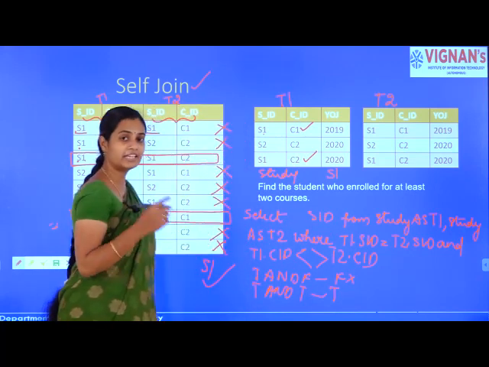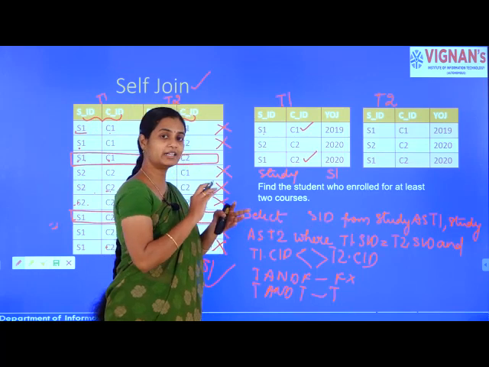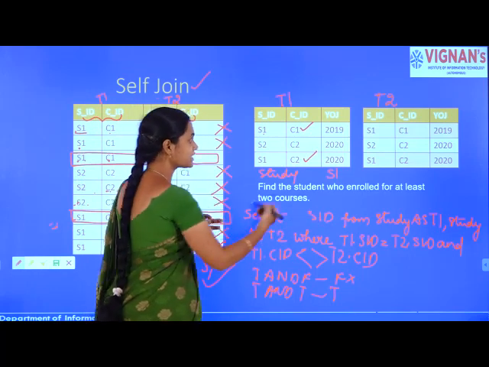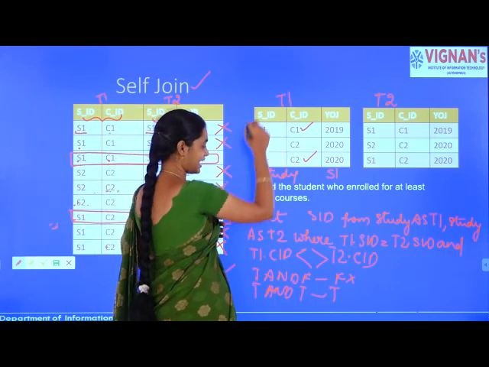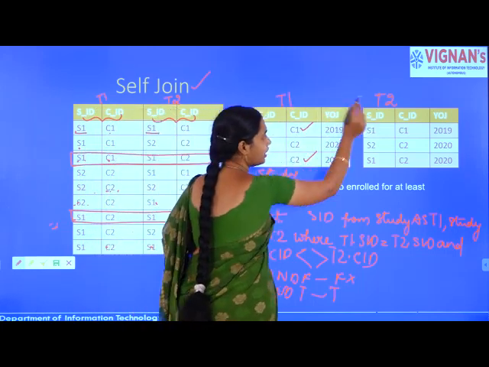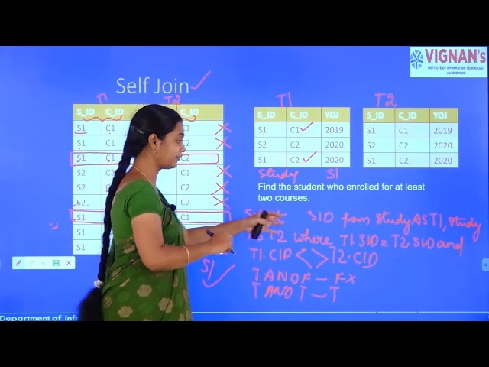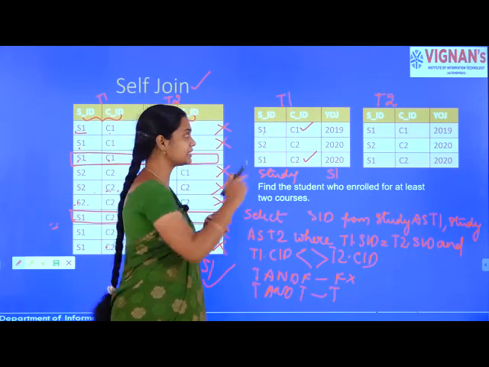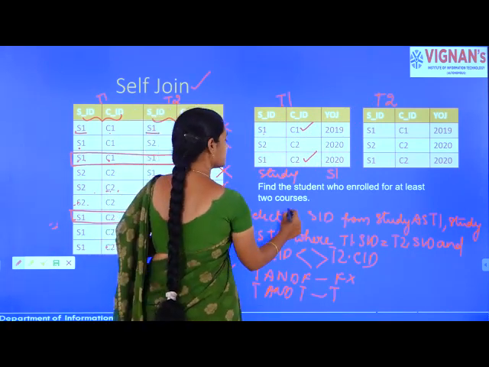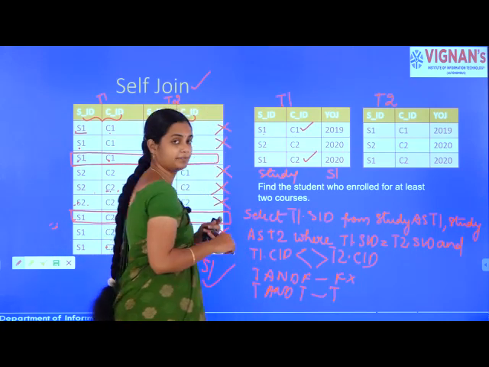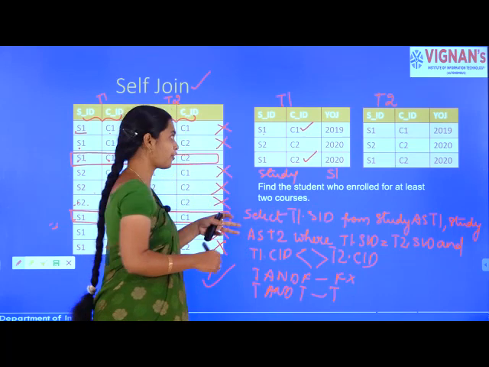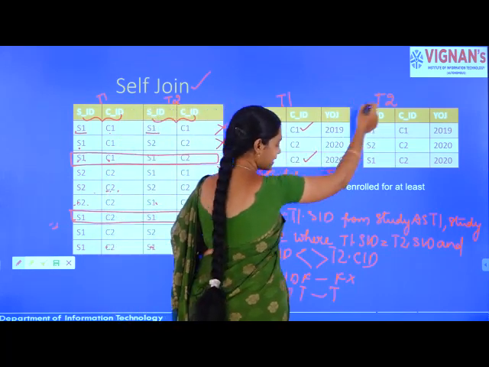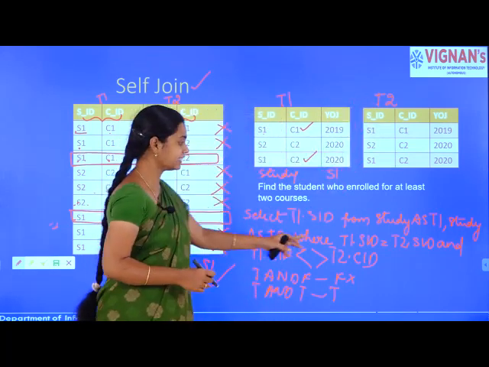Which SID? Even the compiler will be in a confusion state. Which SID should I select? This SID can be from T1 or T2. You can write T1.SID or else T2.SID. So write T1.SID. Now it will select T1.SID from T1 as well as T2 where the condition.